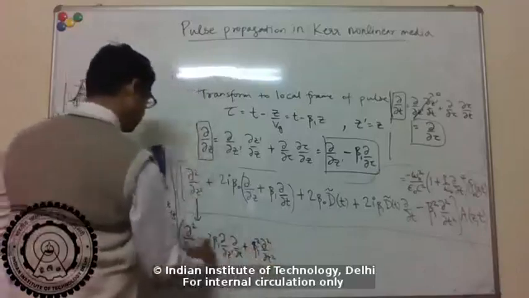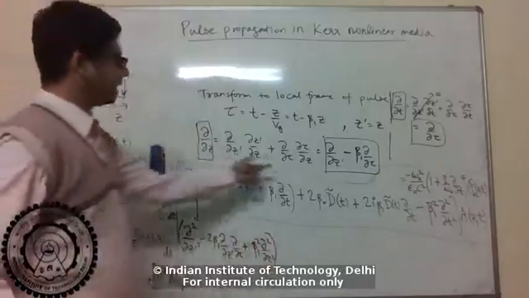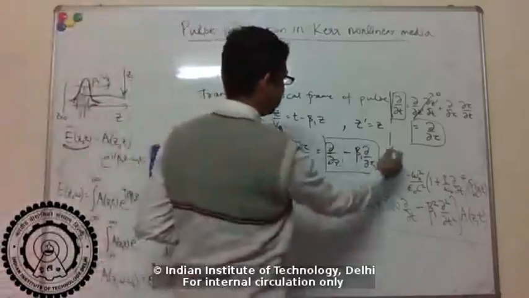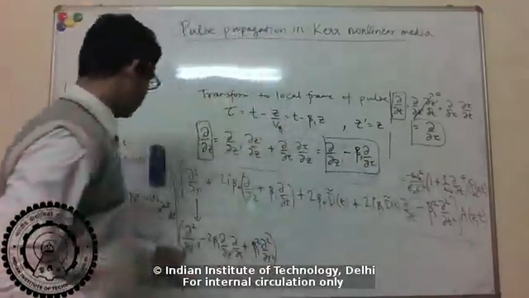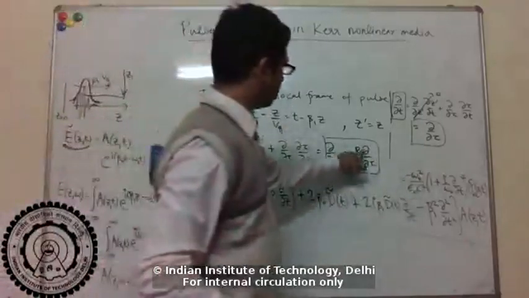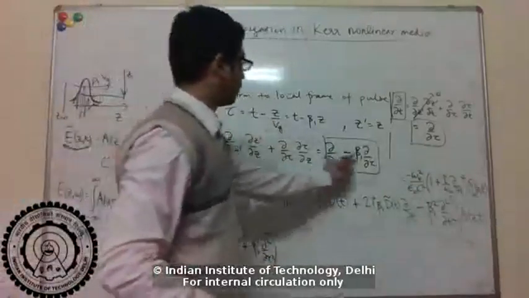That will be the del by del z square term, because del by del z is this, and I have to operate it twice. So I'll get del square by del z prime square, I'll get beta 1 square del square by del tau square, and then I'll get the cross terms.